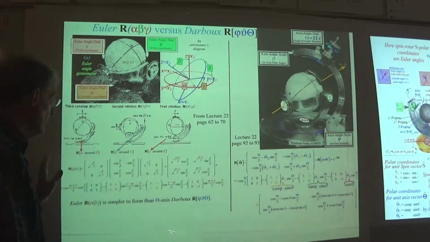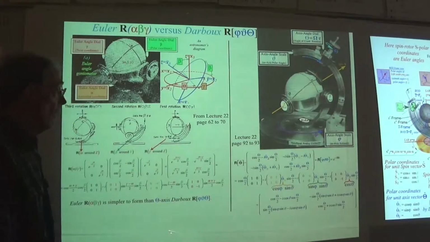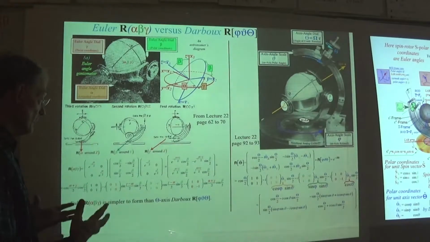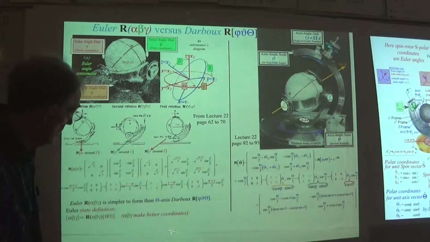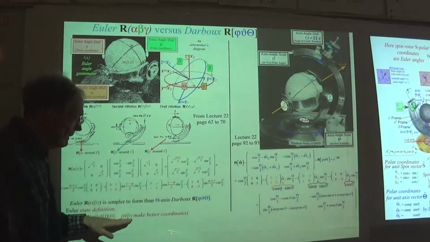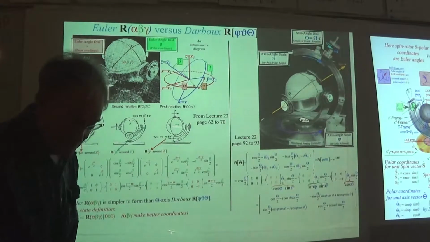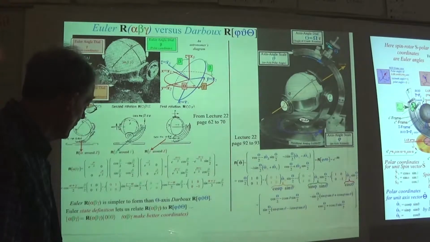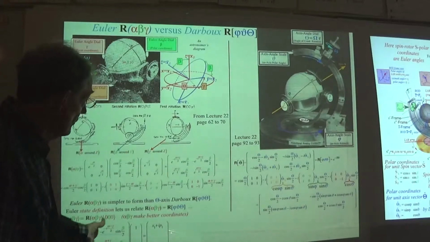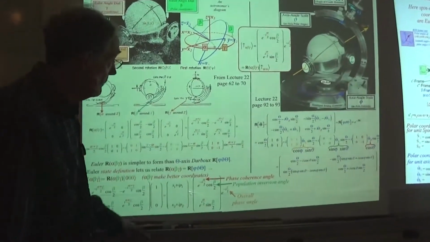In any case, rewriting this entire matrix in alpha, betas, and gammas is a good description of a state, and that's the point I want to really make here, is that the alpha, beta, gamma make better coordinates of the state. These things are terrible coordinates, and you'll sort of see why in a minute, but they're really great coordinates for operators.